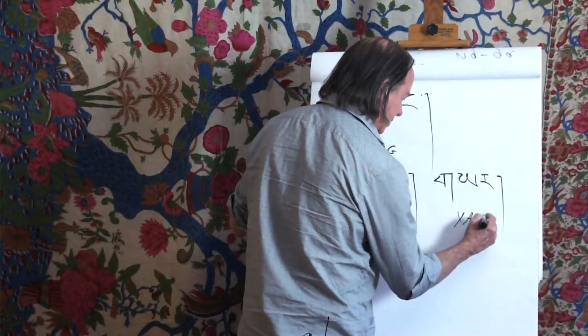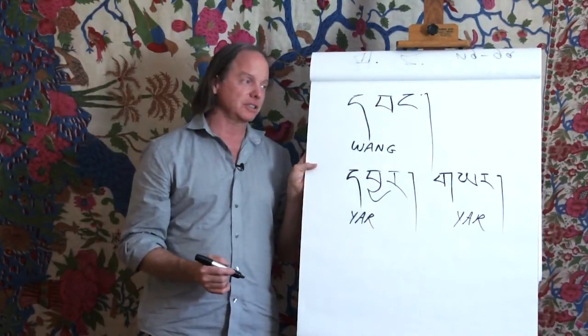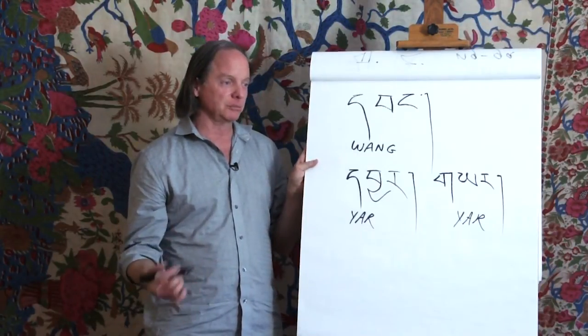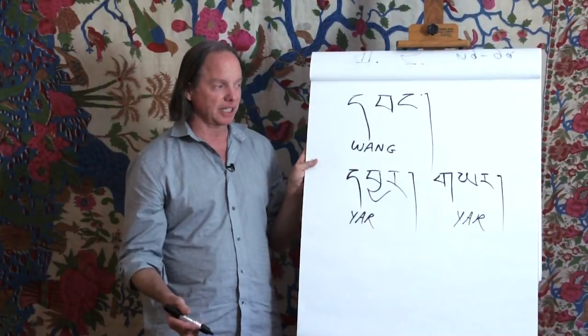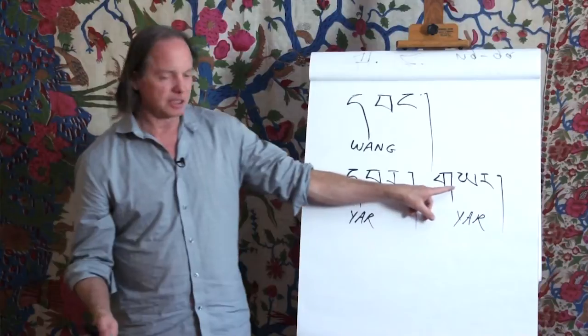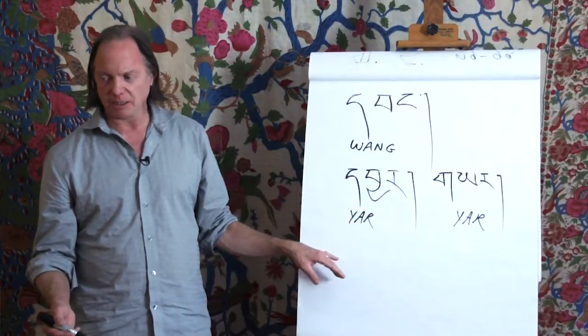So Tibetans have trouble with the English distinction between borrow and loan. The word is the same. You just have to have a reflexive on it. Yar chung means I received a borrowing. Yar te means I gave a borrowing. So this is summer, this is borrow or loan, and they're exactly the same pronunciation. Yar, high tone.